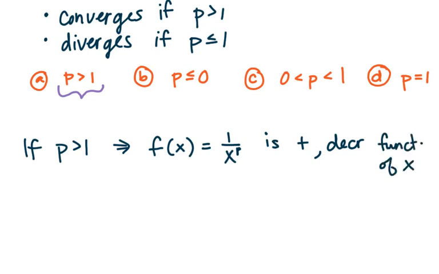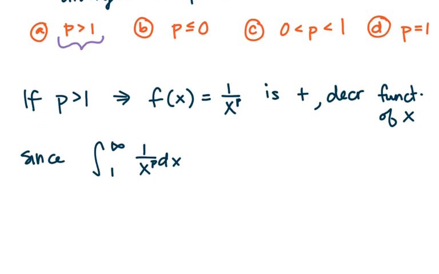So we have a positive decreasing function of x. All of the terms are positive, and they're constantly getting smaller. So my integral from 1 to infinity of 1 over x to the p dx is equal to the integral from 1 to infinity of x to the negative p dx.